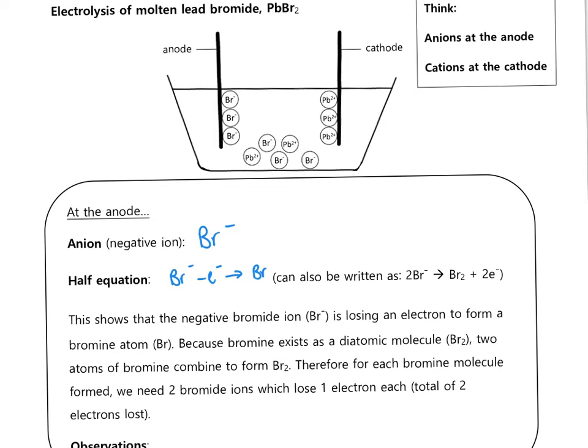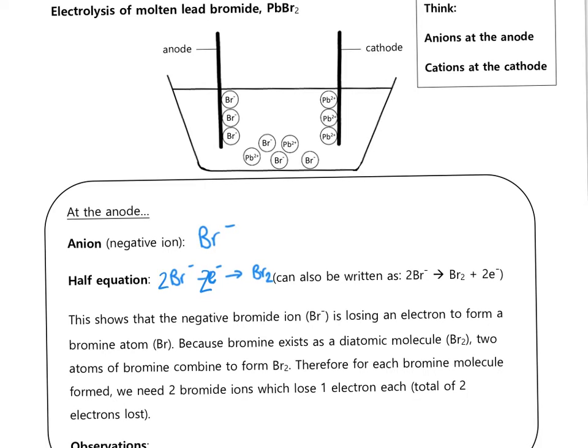But what we said with this is that bromine doesn't like to exist as an atom. It likes to exist as a diatomic molecule, and that's Br2. So in order to form Br2, I'm going to need to start with 2 bromide ions. And because I've got 2 bromide ions, each losing 1 electron each, I have a total of 2 electrons lost.